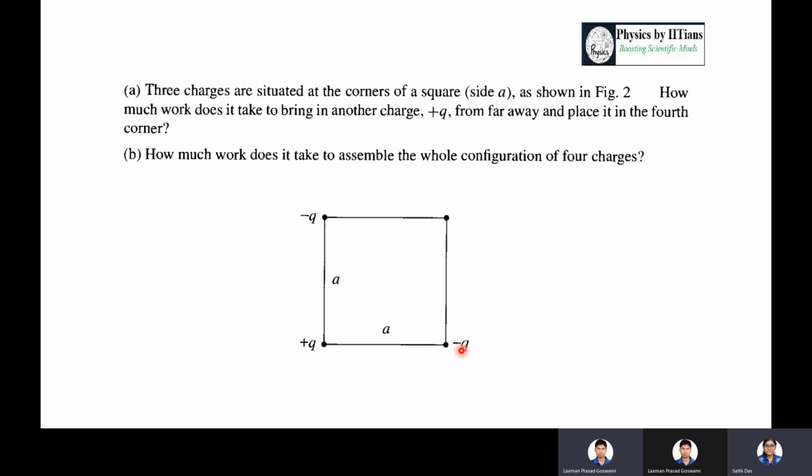So here plus q and minus q charges are already present, and you have to take another charge, plus q, which was earlier situated at infinity, and bring it to the fourth corner position. So how much work do you have to do?